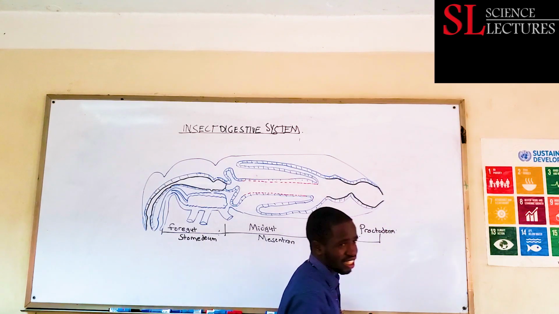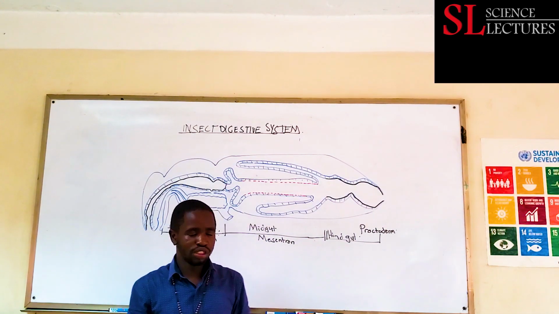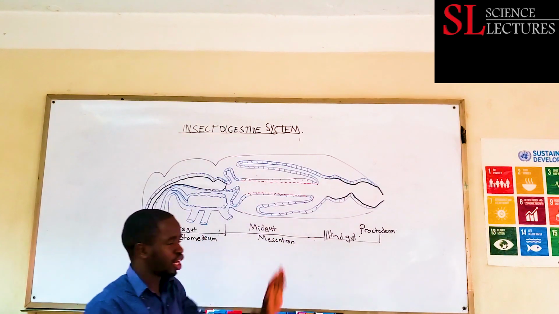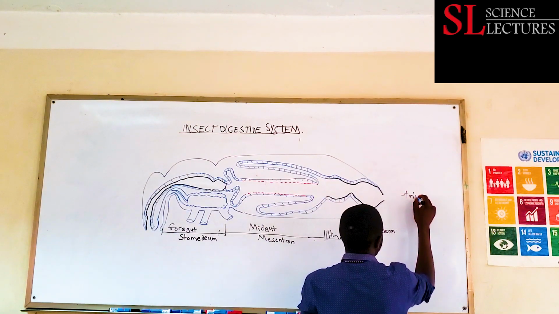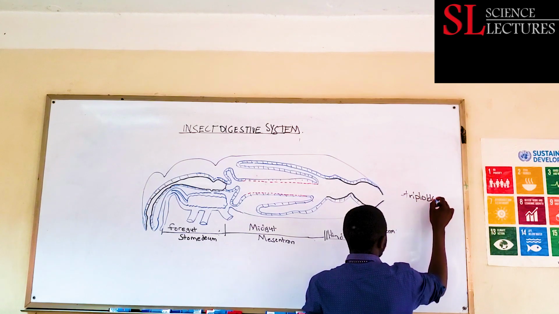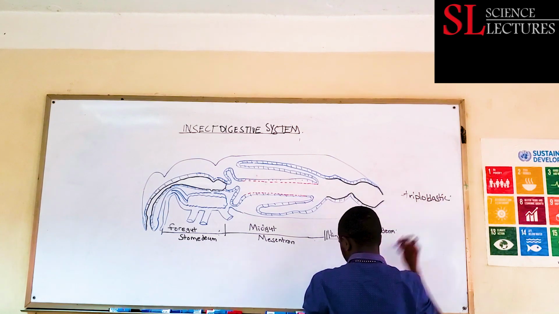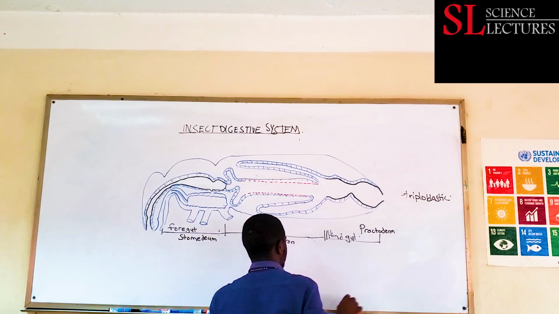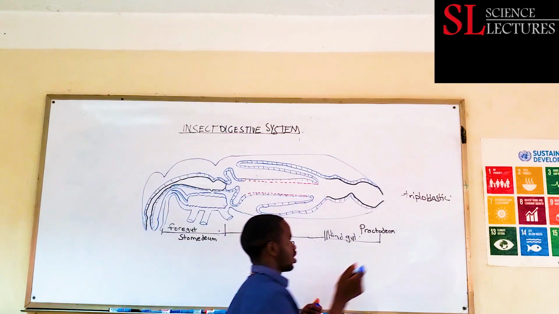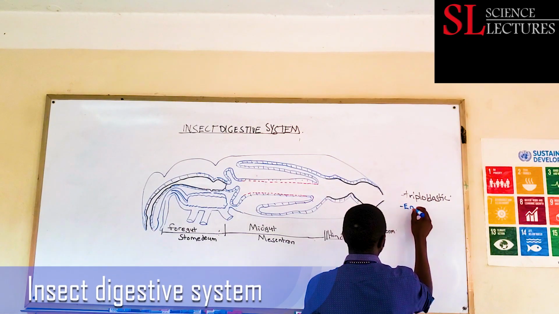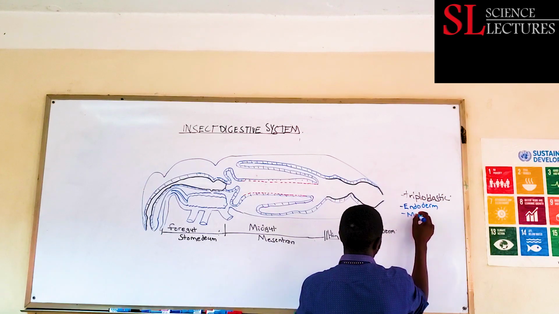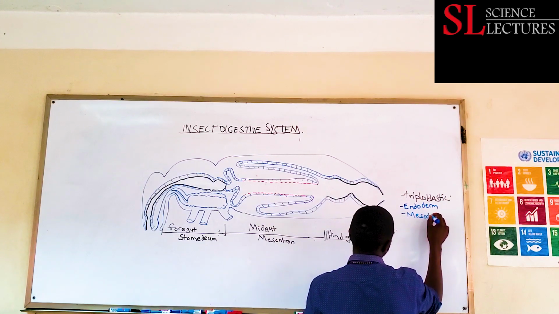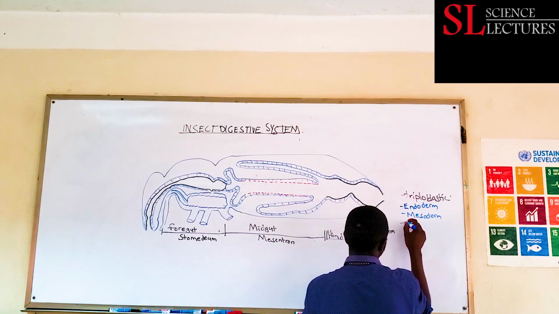In our earlier series on invertebrates, we said that insects are triploblastic. Being triploblastic means the insect is made up of three germ layers: the endoderm, the mesoderm, and the ectoderm.